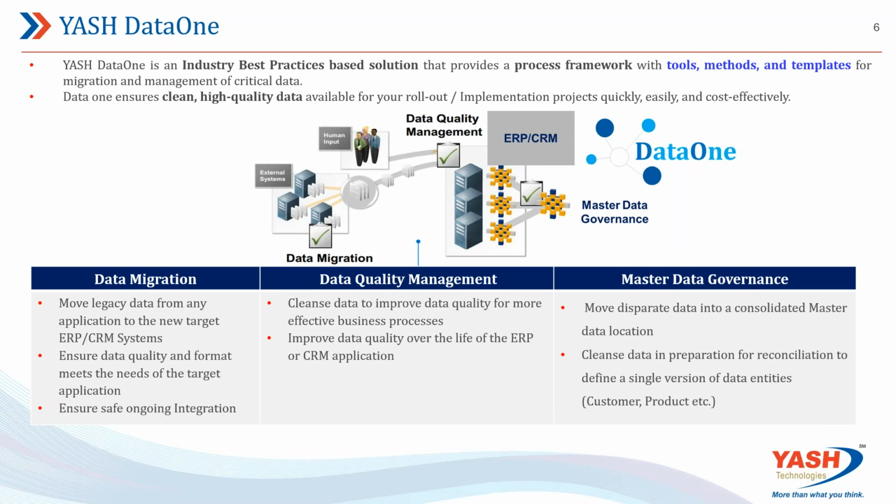And finally, setting up a master data governance process so that in future, no more wrong data gets into the system, and there is a process when data is created, how data is put to rest. Like for example, when a material is not used anymore in the organization, how do we get rid of it from the system? So setting a process around this data governance is the final piece of the solution.